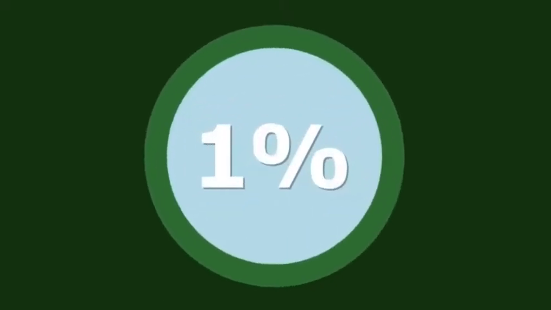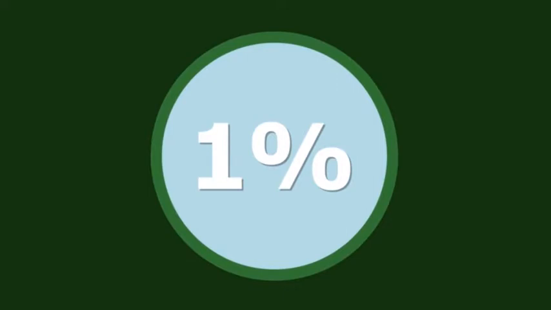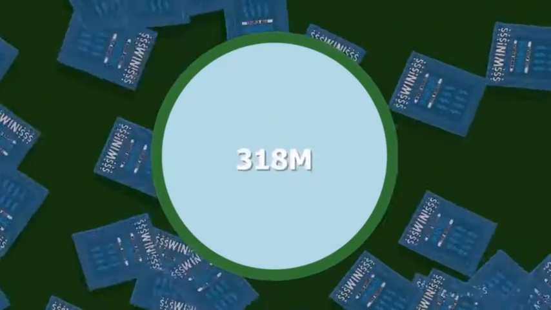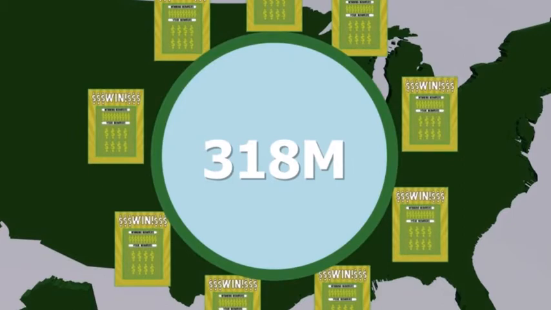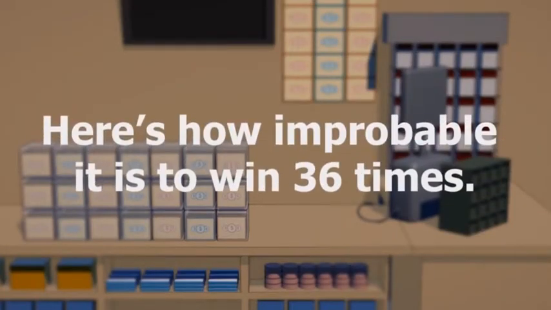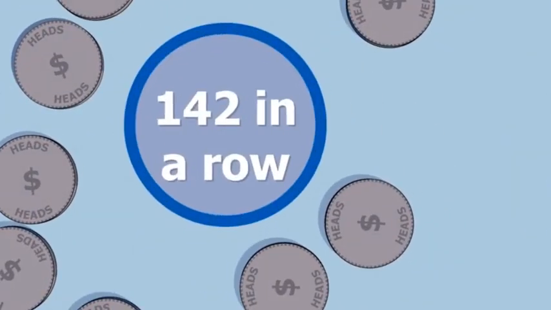To have a 1% chance of seeing someone as lucky as Mr. Pandya, we'd need the entire population of the United States playing 9 times a day. Here's how improbable it is to win 36 times. It's more likely that he would flip heads 142 times in a row.